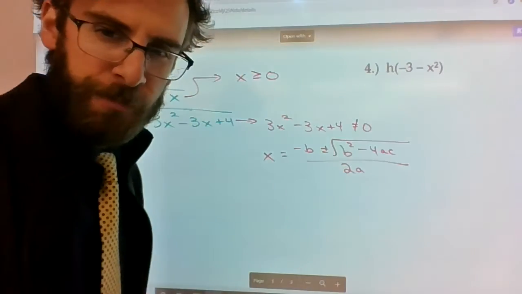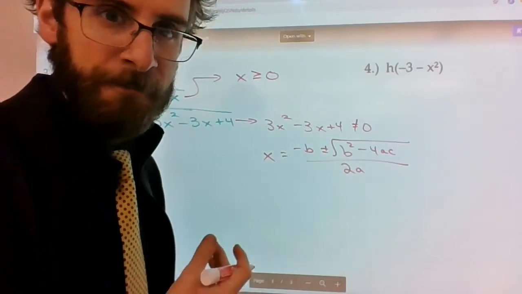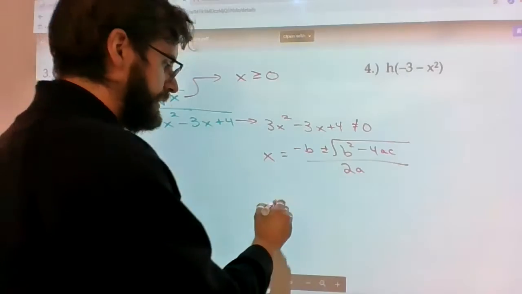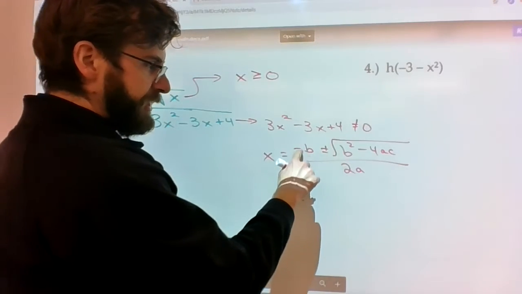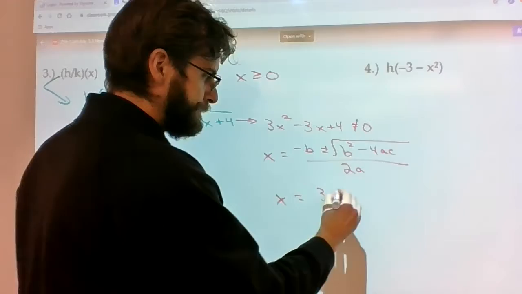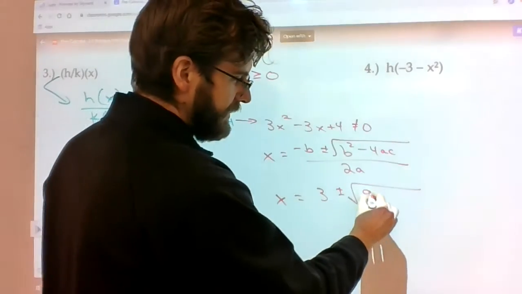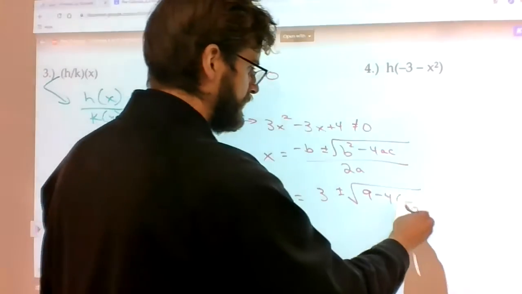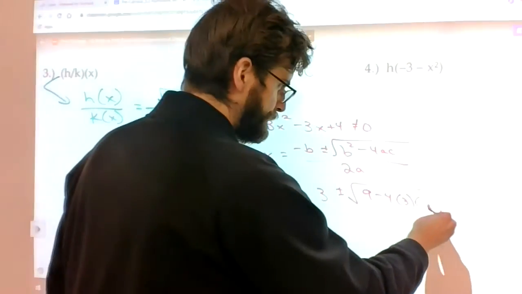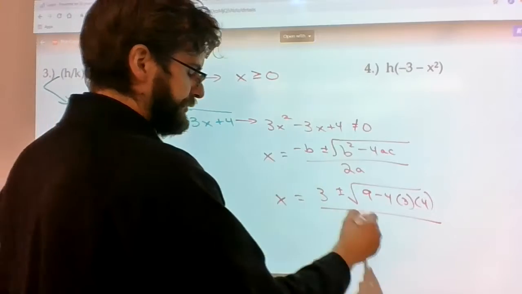Hopefully this is tattooed in your brain so that you can access it very easily from time to time. My b value is negative 3, so it's negative 3 plus or minus negative 3 squared, which is 9, minus 4 times 3 times positive 4, all over 2 times 3.